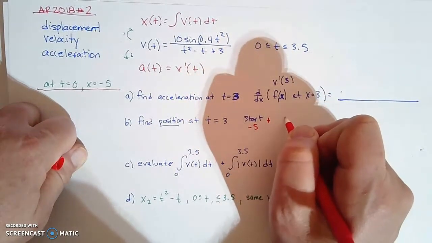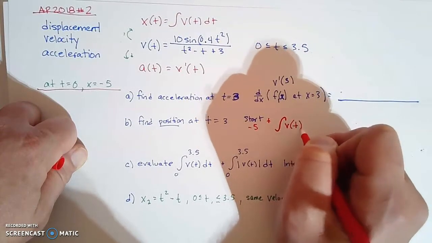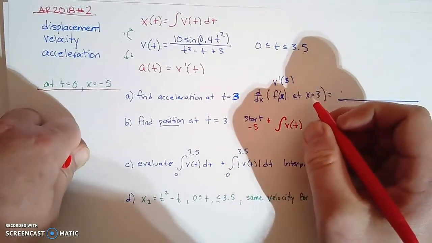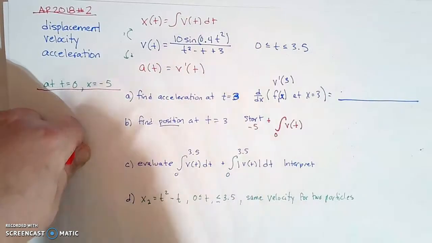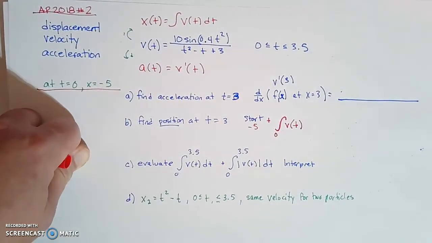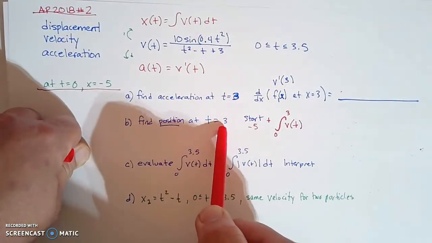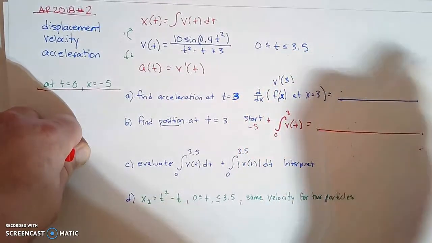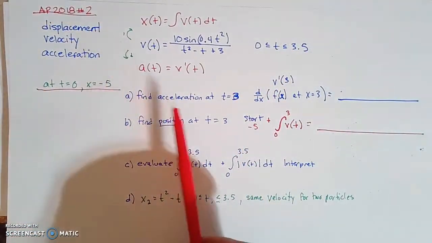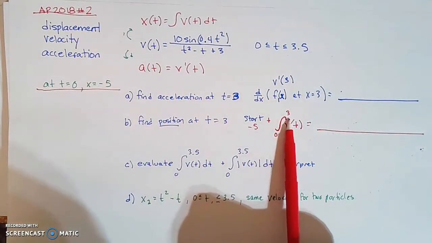And remember, displacement is equal to the integral of v sub t, which is going to start at time 0 and end at time 3. Why end at time 3? That's what they told me to find it for. So we're going to put that in the calculator in a few minutes and find the answer for that one right there. So for acceleration, I took the derivative. For position, displacement, I took the integral.